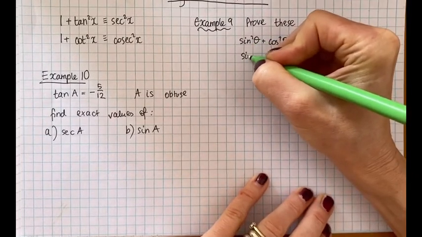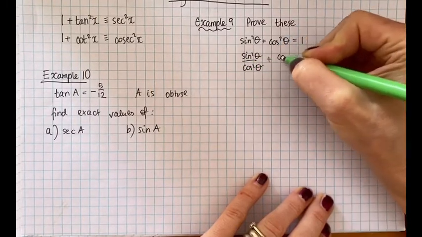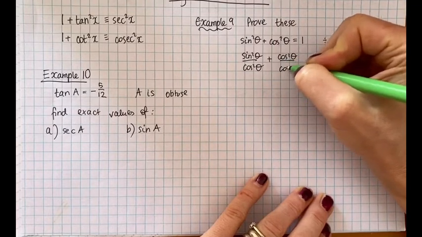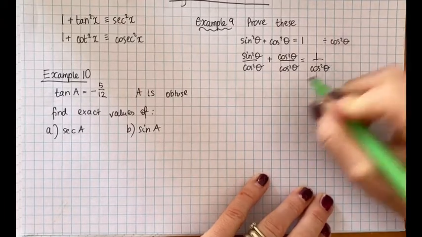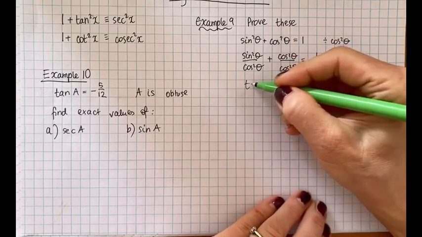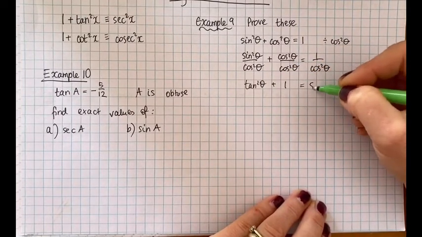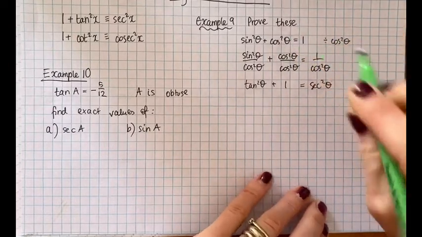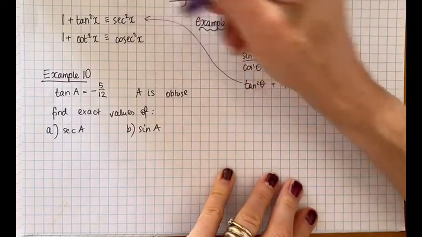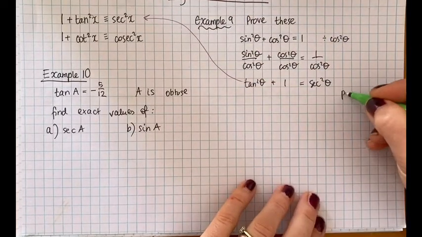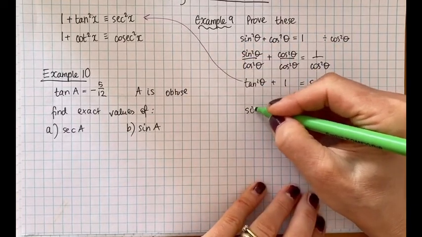So you obtain sine squared theta over cos squared theta plus cos squared theta over cos squared theta, and then 1 over cos squared theta. So here we've got tan squared theta plus this one cancels to 1, and this is sec squared theta. So rearrange it into 1 plus tan squared, because this is how we normally quote it, and you've got it proven.